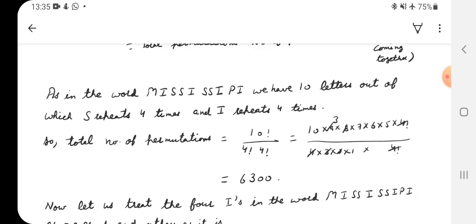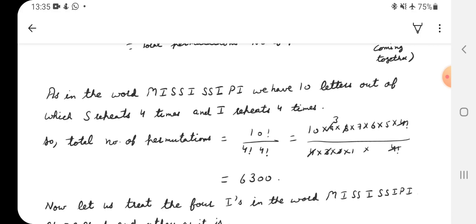Now we will find the number of ways in which the I's will occur together. Now what to do? Make the group of vowels. I is the only vowel in Mississippi and it is repeating 4 times. So we will make the group of 4 I's, right?